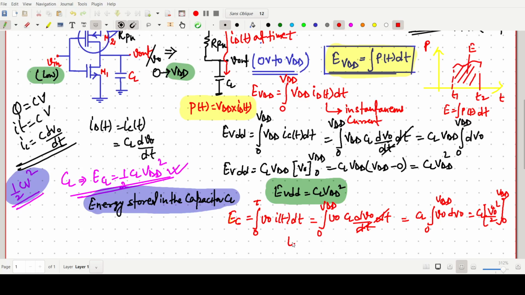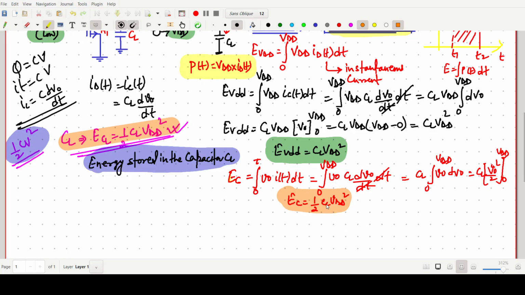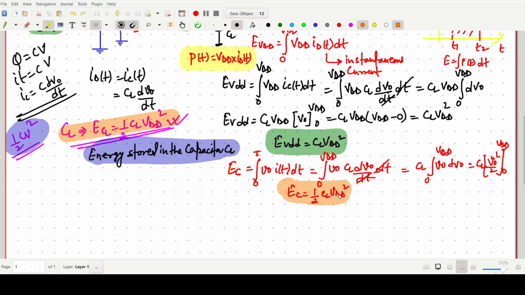So the energy will be simply half CL VDD square. So the energy stored in the capacitor is 1 by 2 times CL VDD square.